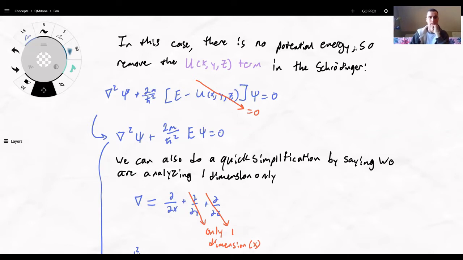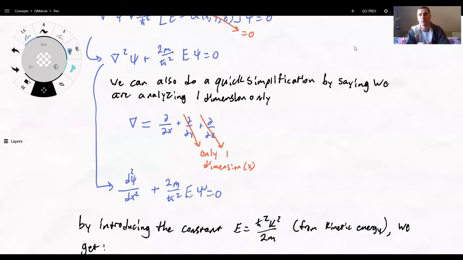Then, instead of looking at the gradient, which is going to be d/dx, d/dy, d/dz, we are going to make our lives a little bit simpler. We're going to work only in one dimension, partially because the results are going to be generalizable to each given direction.